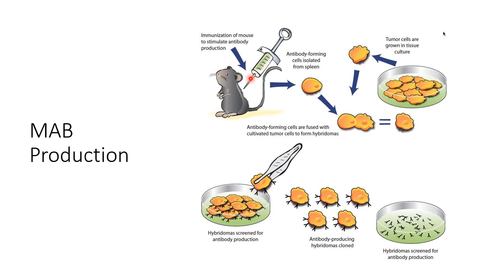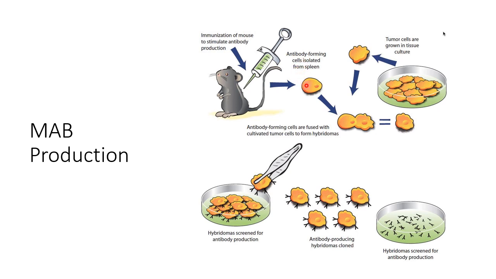So we inject that antigen and we hope that the immune system of the rabbit recognizes the antigen. After the antigen has caused activation of a particular subset of lymphocytes, you will have antibody forming cells, plasma cells, from the spleen.